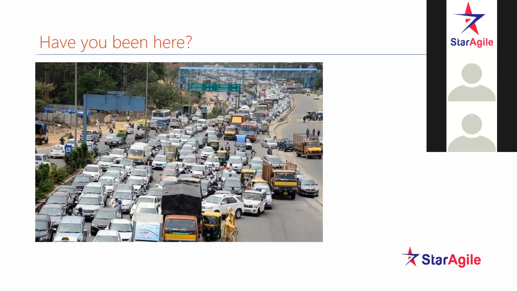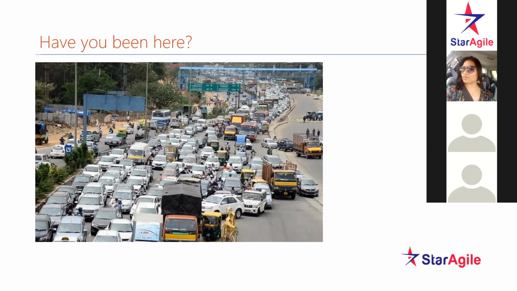So what can be done here to avoid this? Limit the traffic. Yeah, limit the traffic. How can we limit the traffic? What are the ways? Flyovers, underpass, alternate routes. Okay. We can manage like bikes should be in one line and big cars in one line.